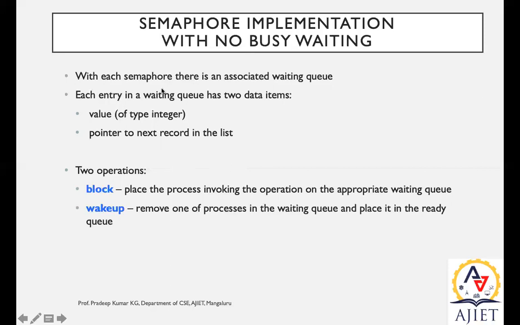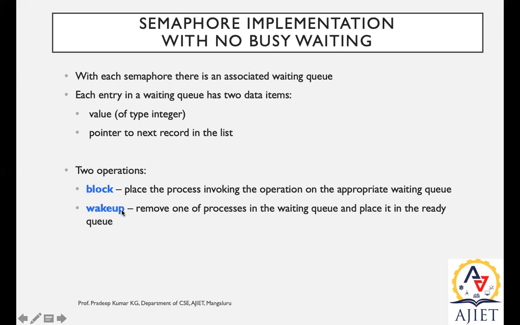According to this queue scenario, we can apply two operations: block and wake up. The block operation places the process invoking the operation on the appropriate waiting queue, so that it will have its own value, and then it moves on to the next level.